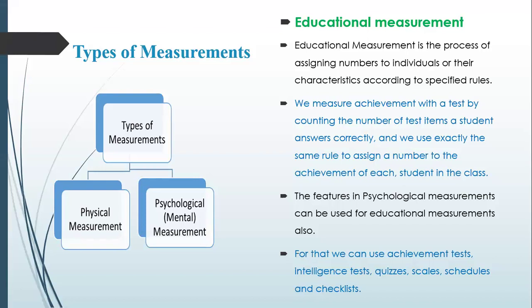The quantitative part of the test is called measurement. I want to clarify that because when you refer to those websites, you can see several types of tests, but we don't go to those types of tests here.